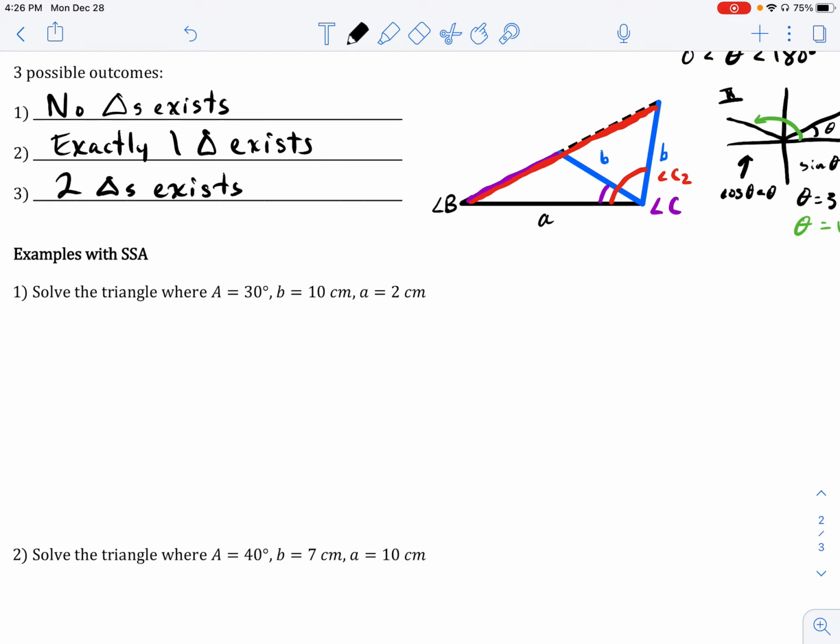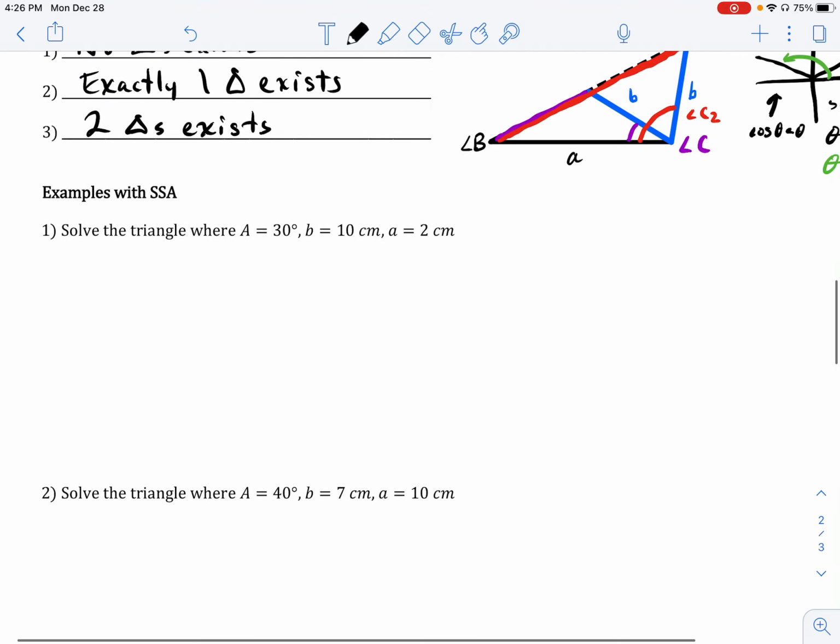We are solving a triangle where angle A is equal to 30 degrees, side B is 10, and side A is 2 centimeters. Whenever I'm doing this type of problem, I'm going to arbitrarily set up a triangle. It doesn't matter too much about drawing this triangle to scale, but I'm going to draw something that looks somewhat arbitrary like this.